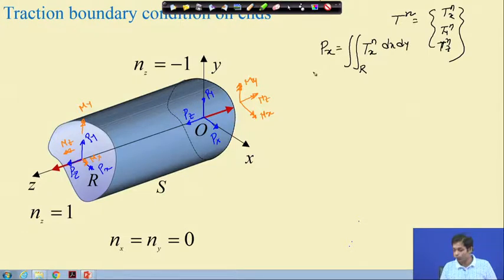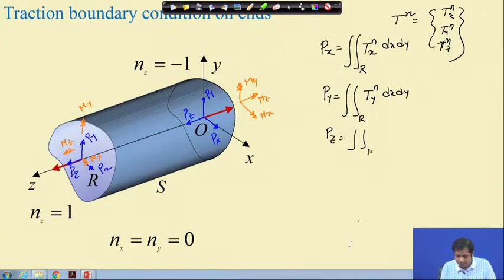Similarly, Py will be the integration over the area of the component of traction in y direction, Tny dx dy, and Pz will be the integration over R, the entire area, of Tnz dx dy. And this is true for both ends.